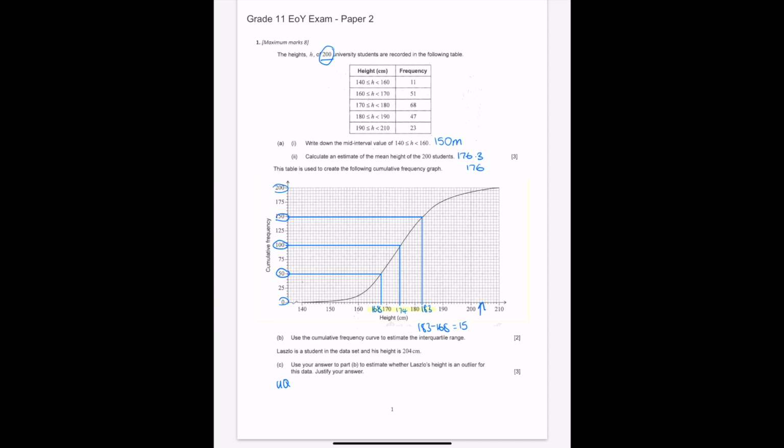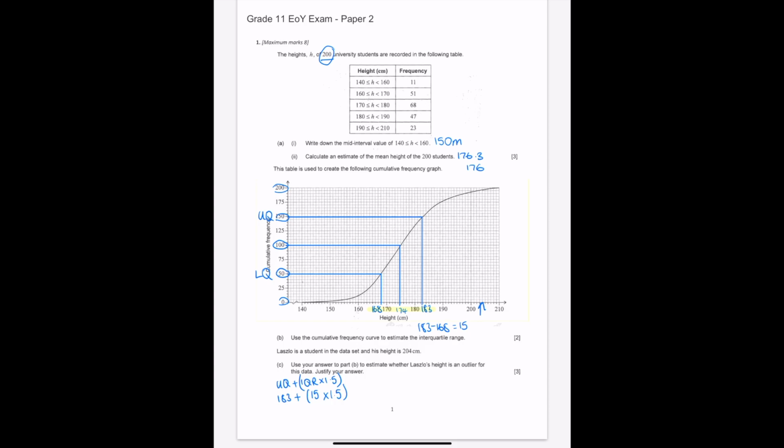So the equation is the upper quartile plus the interquartile range times 1.5. That's the equation to find if something is an outlier or not. We know that the upper quartile is 183, and we're going to add to that the interquartile range, which is 15, times 1.5.